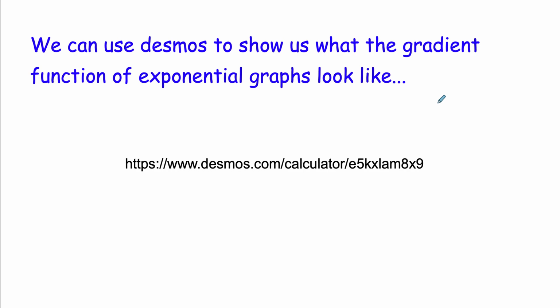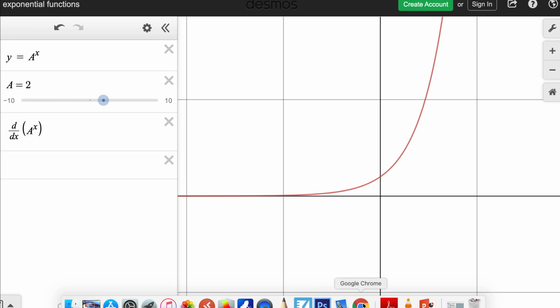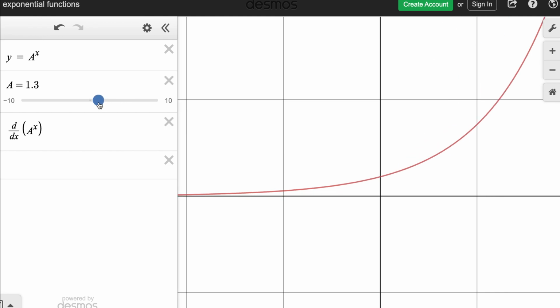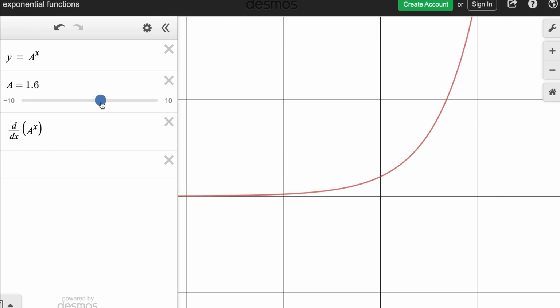And what I'm going to do is use Desmos to help me learn a bit more about these exponential functions and their gradient graphs. So I've got a little Desmos expression set up here, and at the moment it's set to 2 to the power of x. So this is the graph of 2 to the power of x. I've put a little slider in so that I can change that base number to different values.